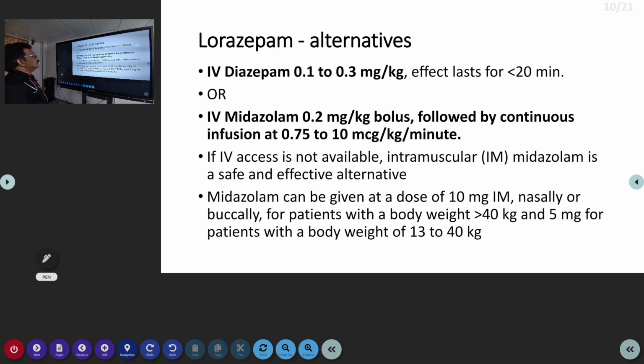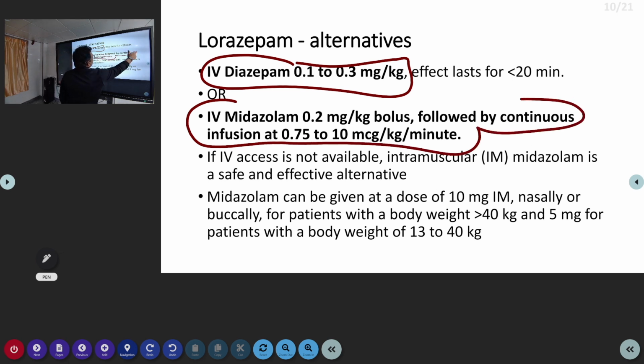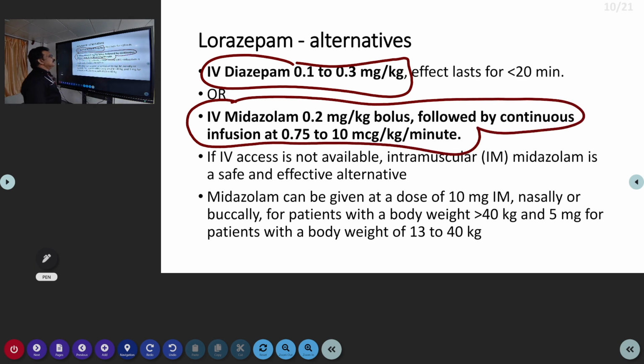If the seizure persists, alternatives to lorazepam are IV diazepam. IV diazepam can be given, or rectal diazepam also can be given. Midazolam is another important drug, ultra short acting drug, which can also be used as a continuous infusion. In many ICUs or ERs, we can use midazolam as a continuous infusion.